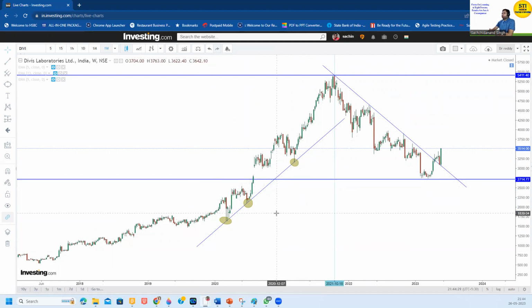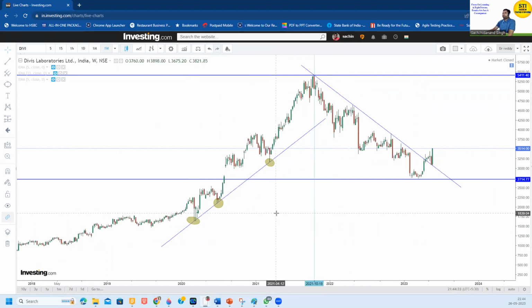Okay, here one important point to consider: for horizontal support or resistance there is no confusion. It is always applicable for the slanting lines, slanting support or resistance.